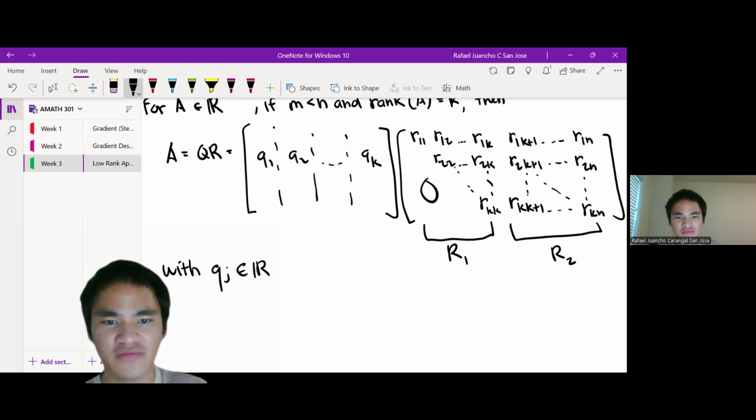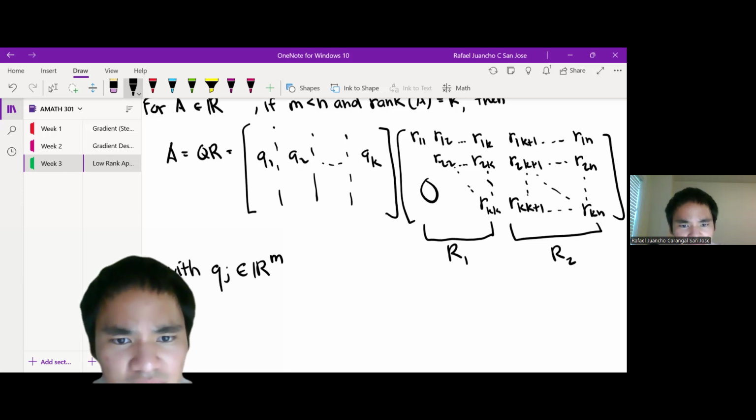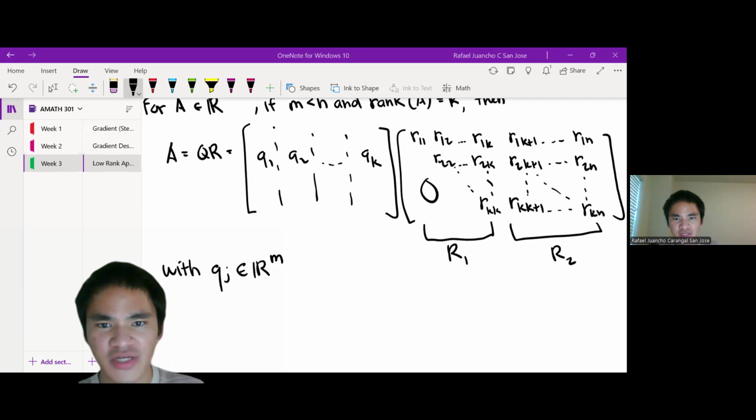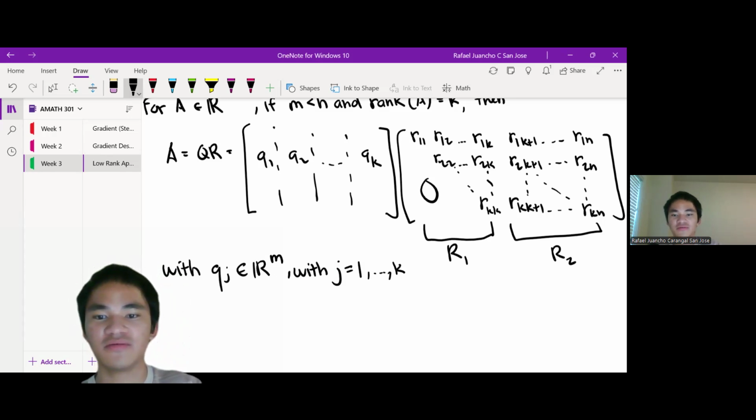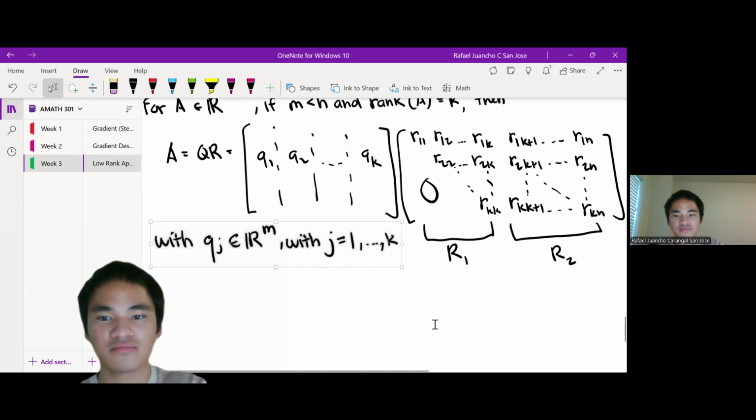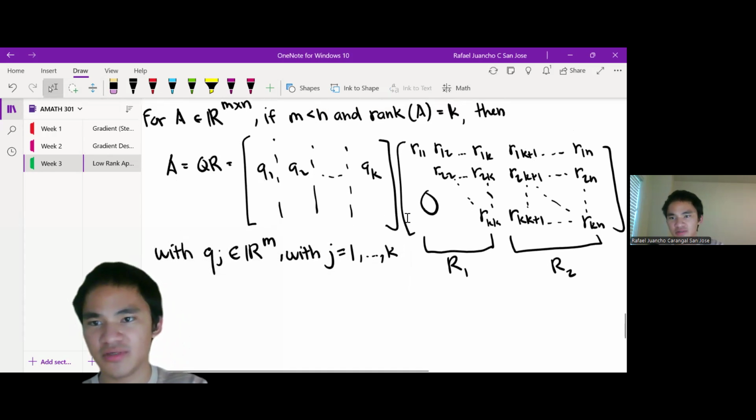So this is an element of all real numbers M, with J going from 1 all the way to K. So I'm talking about this one here. Let me just put this up. And then this decomposition here, right?